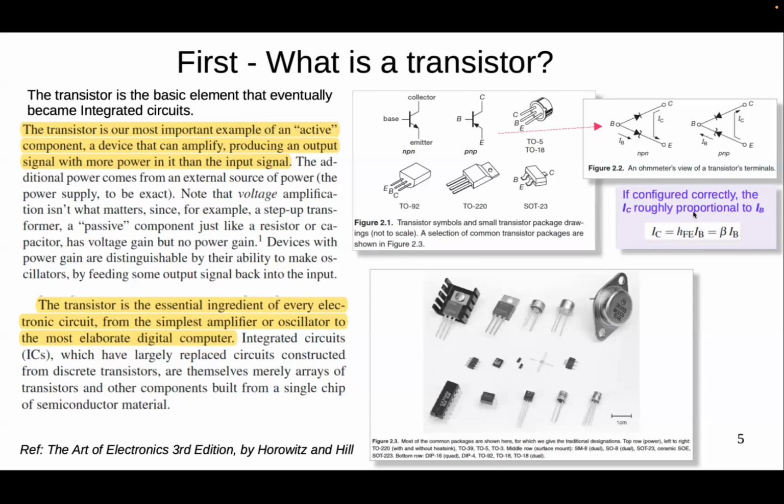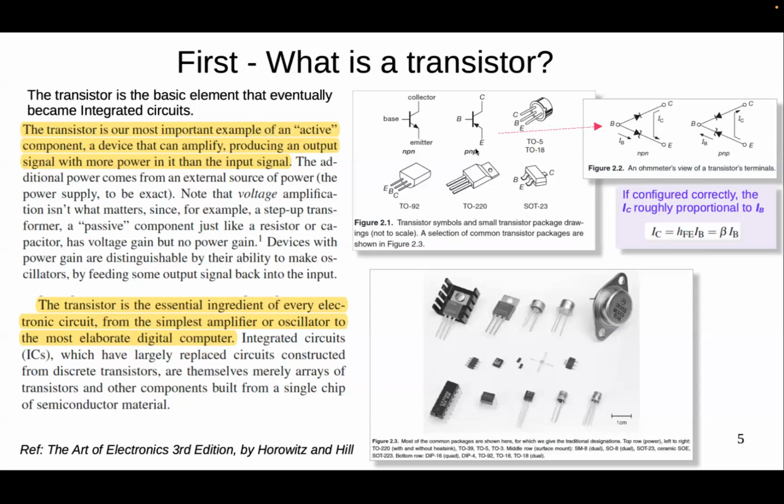So if we configure this device correctly, we have the output at the collector. How to say? Okay, so we have three terminals in the transistor: a base, a collector, and an emitter.